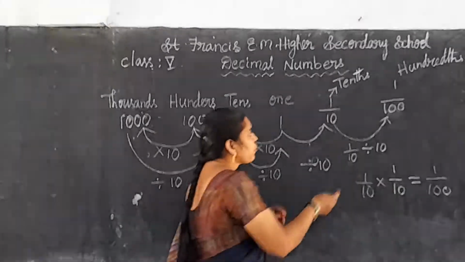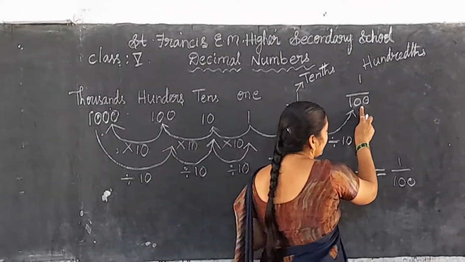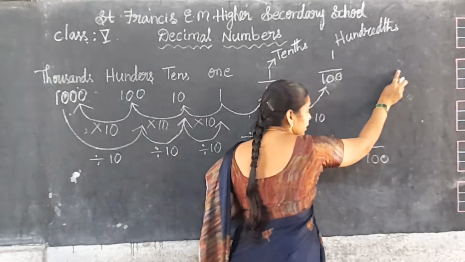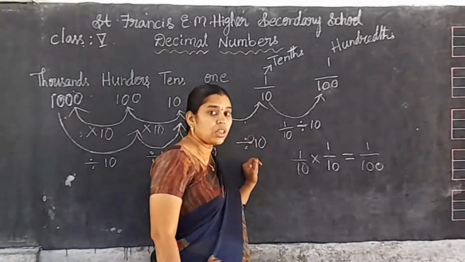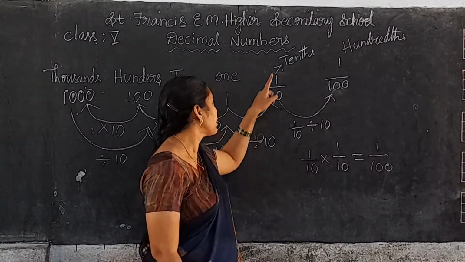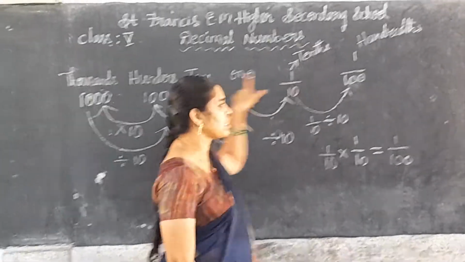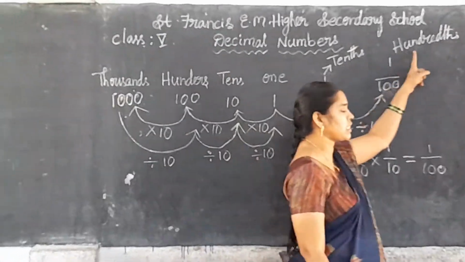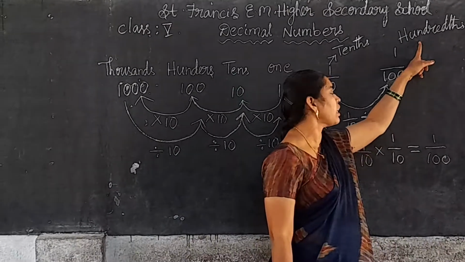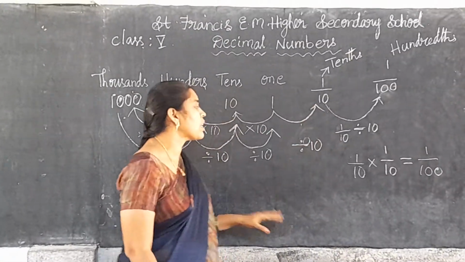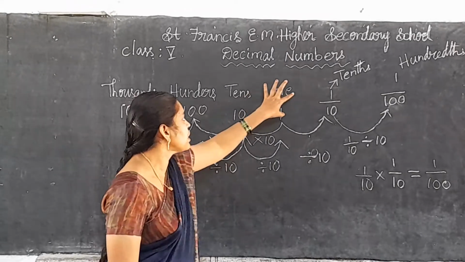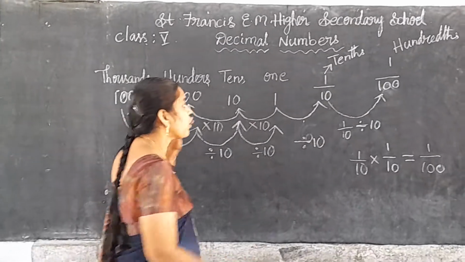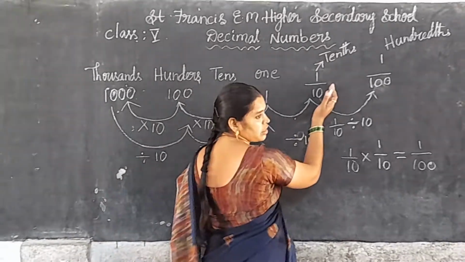Next, if you divide 1 by 100 by 10, what will come? 1 by 1000. That is thousandths place. See here, this is tens, this is hundreds, this is tenths, this is hundredths. Clear, children? These are the place values. See here, this is ones, tens, hundreds and thousands. Now this is the new place, right?